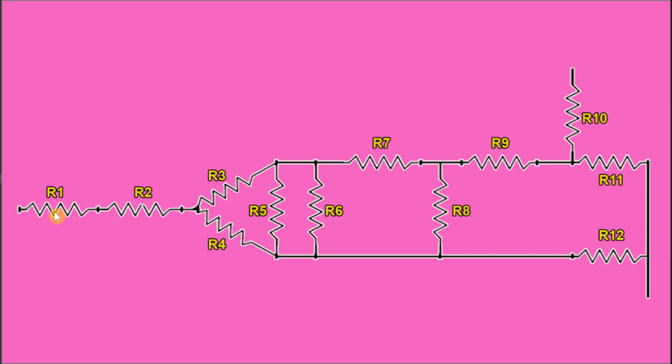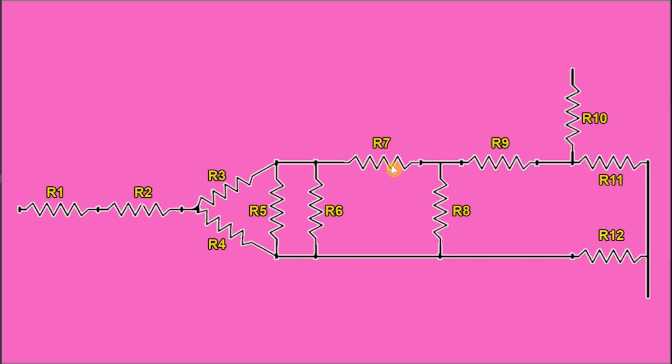See, in this figure we can see a combination of resistance. We are seeing R1 and R2, they are connected one after the other. In this junction, it is seen that three resistances are connected to a common point, while here R5 and R6 are connected like two parallel lines, while in this one you can see three resistances R3, R4 and R5 connected as a triangle.